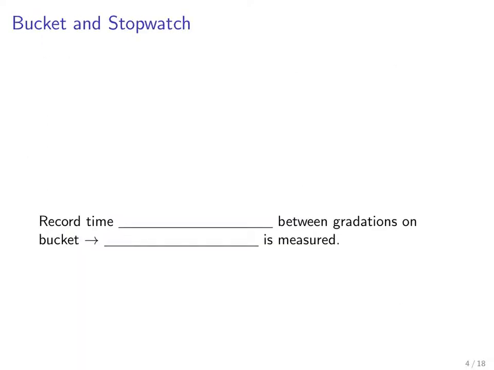Okay, so the first one is just a bucket and stopwatch. So here we have some fluid flowing out of a pipe, going this way, and that fluid is flowing into a bucket that has these gradations on it such that we can see what the volume contained in the bucket is at any given point in time.